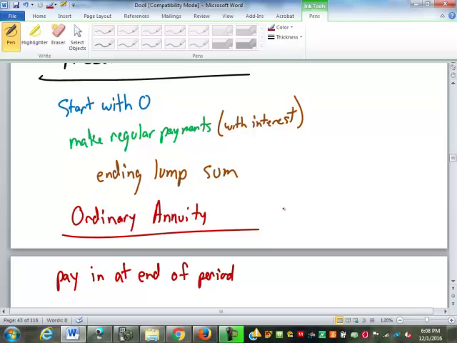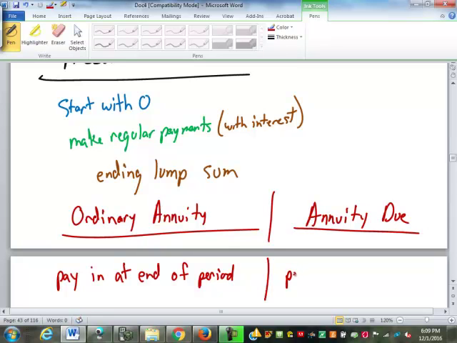The first payment is made on December 31st, 2017. That means it's an ordinary annuity. They're making the payment at the end of the next year. If they say that the annuity starts at December 31st, 2016, and the first payment is made either December 31st, 2016 or January 1st, 2017, they're making the payment at the beginning of the period. And that's what is called an annuity due. You pay in at the beginning of each period.